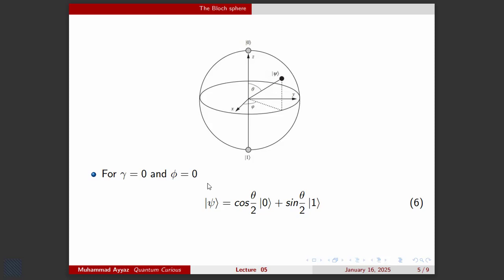So the quantum state lies in the xz plane. This is how we can easily visualize the quantum state, or qubit, in the Bloch sphere representation.